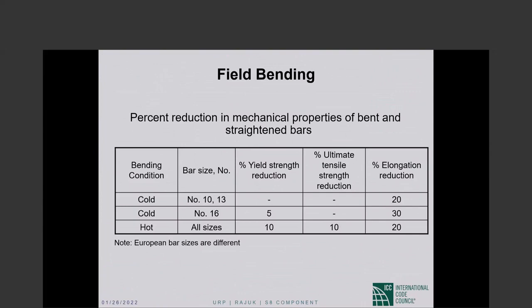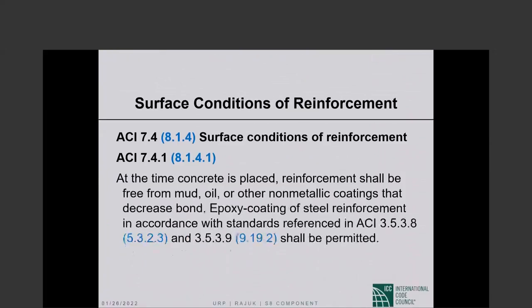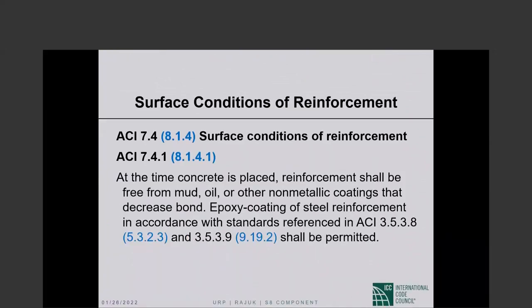But this is very good stuff. If you absolutely have to do field bending of reinforcement, then this Neil Hawkins recommendations are the best that are available to the best of my knowledge.